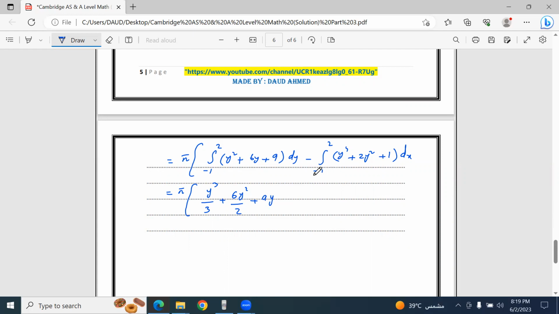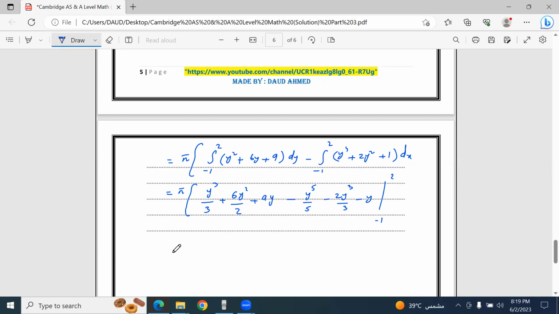We can apply the lower limit and upper limit altogether also. I'm expanding this one also by applying integration and multiplying the minus: y power 5 over 5, plus 2y cube over 3, and then plus y. Lower limit is -1 and upper limit is 2.